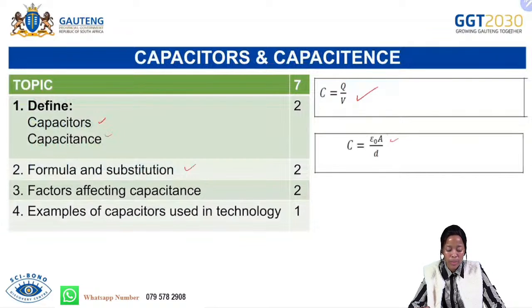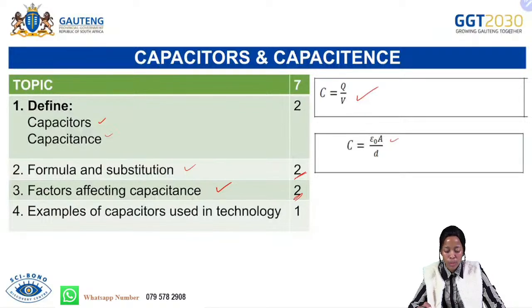So you will get a mark. Remember, if you write the formula, you are able to substitute as well as with the correct what? With the correct answer there that has the correct SI unit. Okay, so we are saying that with the formula and the substitution, even without the answer, we're expecting about 2 marks there. And then again, we need to know the factors that are affecting the capacitance.